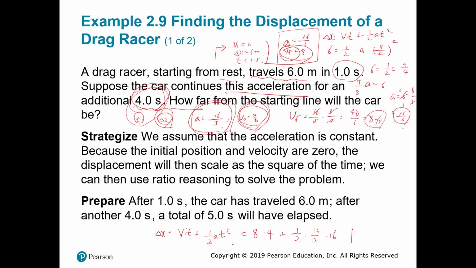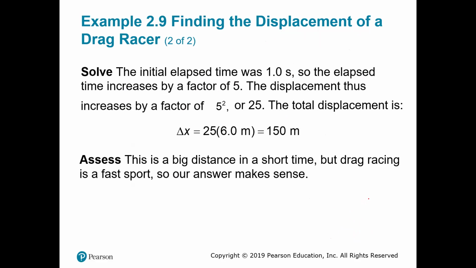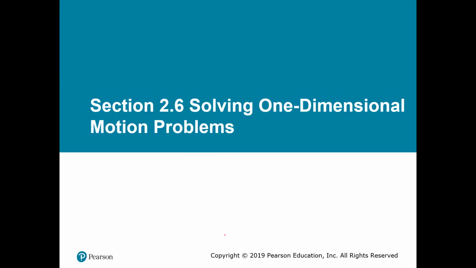Because this is the distance for the second motion, and then you have to add the delta x for the first motion, which is 6, right? And then that's going to be your final answer. You will see that it's going to be 150, and then double check your answer by yourself, okay?